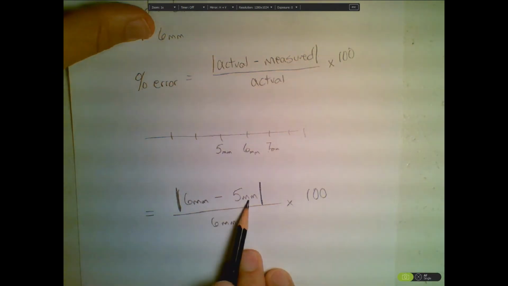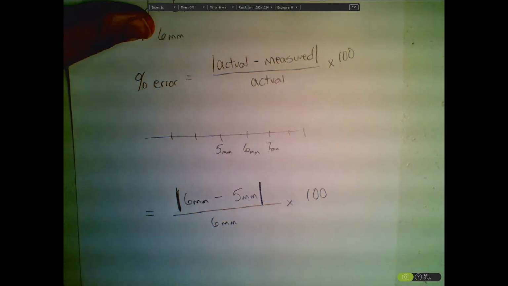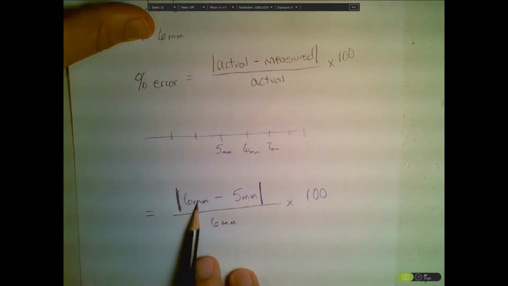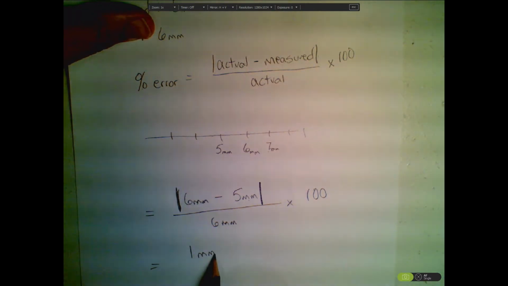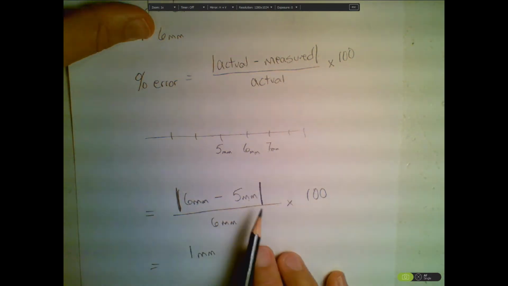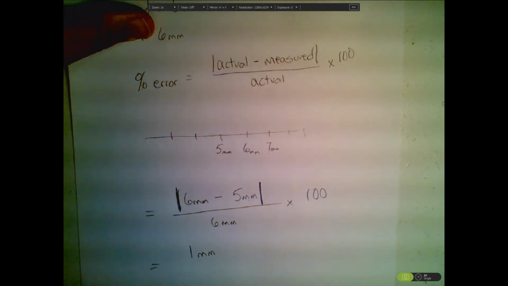Let's do my subtraction, order of operations. I need to do my subtraction first before I divide. So 6 millimeters minus 5 millimeters, that's 1 millimeter. Again, if I had 7, it would be negative 1, but the absolute value would tell me to make it positive. Divided by my 6 millimeters times my 100.